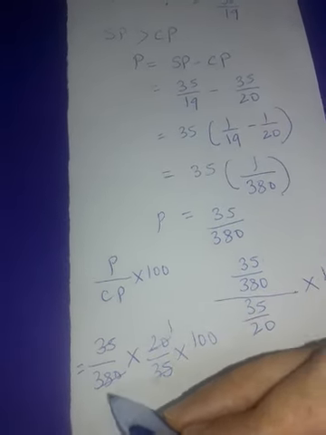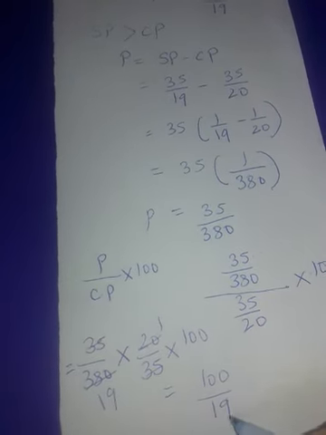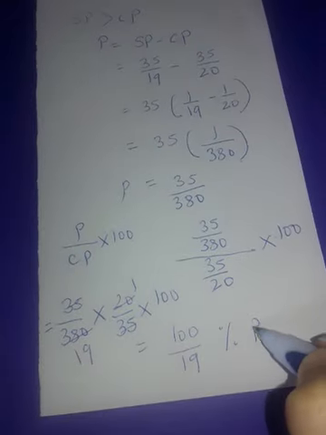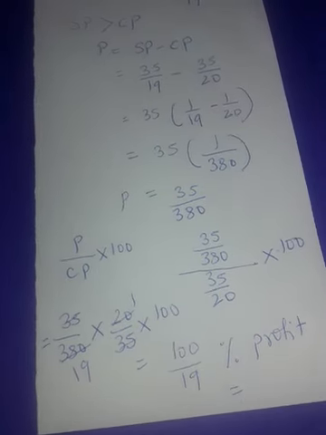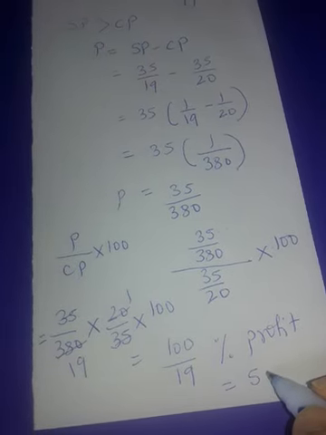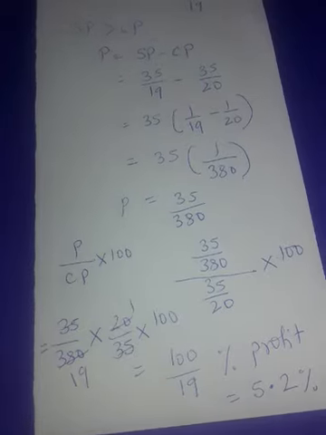This is 1, this is 19. So it is 100 upon 19% profit. Can you convert it into a decimal? 19 fives are 95, 19 twos are 38. So 5.2% profit. That was the unitary method.